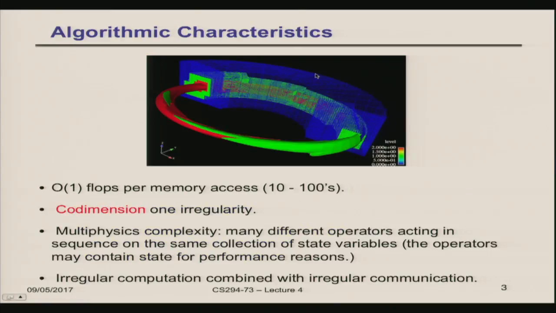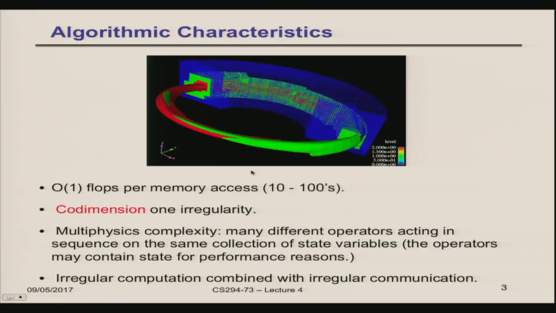So what else do we know about this algorithm space that informs the way we go about things? One thing we know is this is order 1 flops, floating point operations, per memory access. So that means you have tens to hundreds of floating point operations per word accessed from memory. It's a very regular calculation.